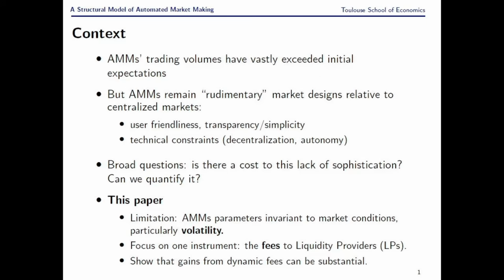And so the whole point here is, one way to approximate what liquidity providers do on centralized markets is to have a fee which would change when volatility goes up. That could provide benefits to liquidity providers, hence provide better incentive for those LPs to come in and provide liquidity.